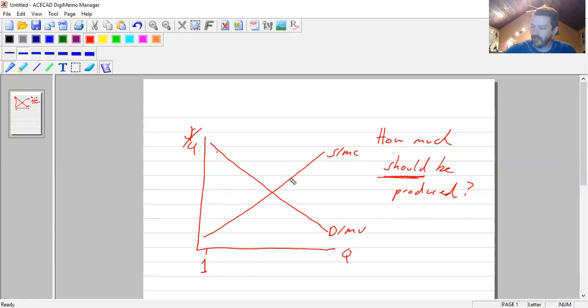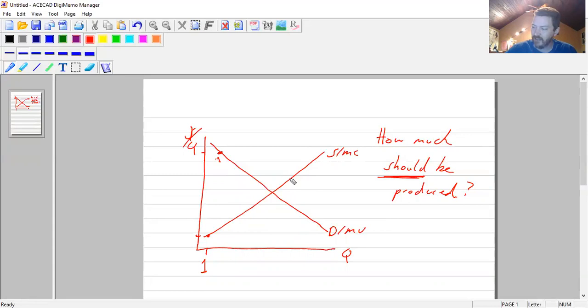Well, for the first unit, here's the marginal value, right? This number up here, that's how much society gains as a result of producing that first unit. This number right here is the marginal cost associated with producing that first unit. The first unit is way more valuable to society than it is costly. The first unit should indeed be produced.